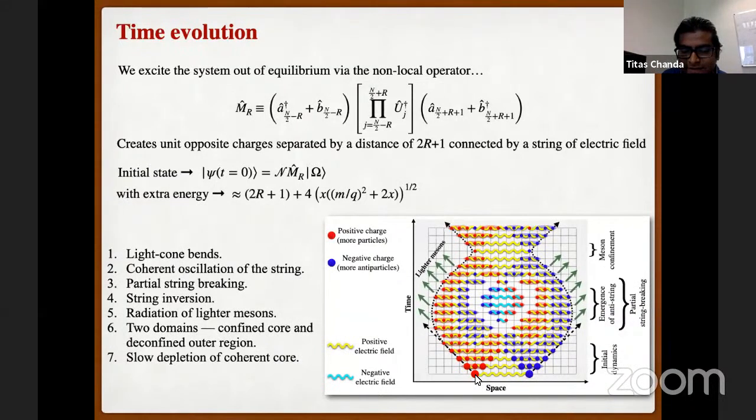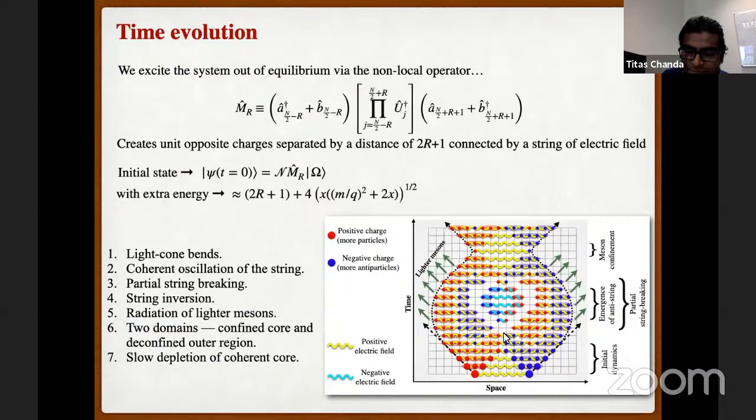As time goes on, they spread over a few sites, creating charged clouds, and start to screen the electric field starting from the boundary. However, due to this confining potential, the particle and antiparticle attract and the string of electric field tends to shrink, so the light cone structure gets modified and bends inwards like this.